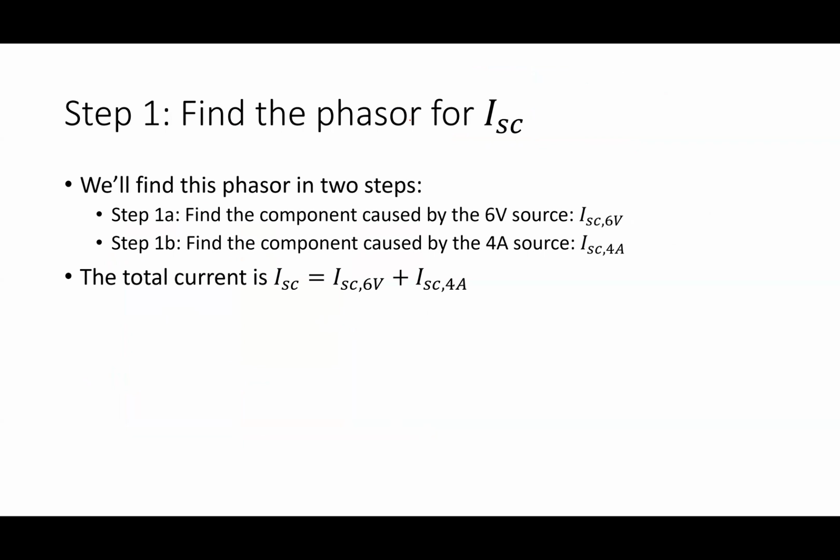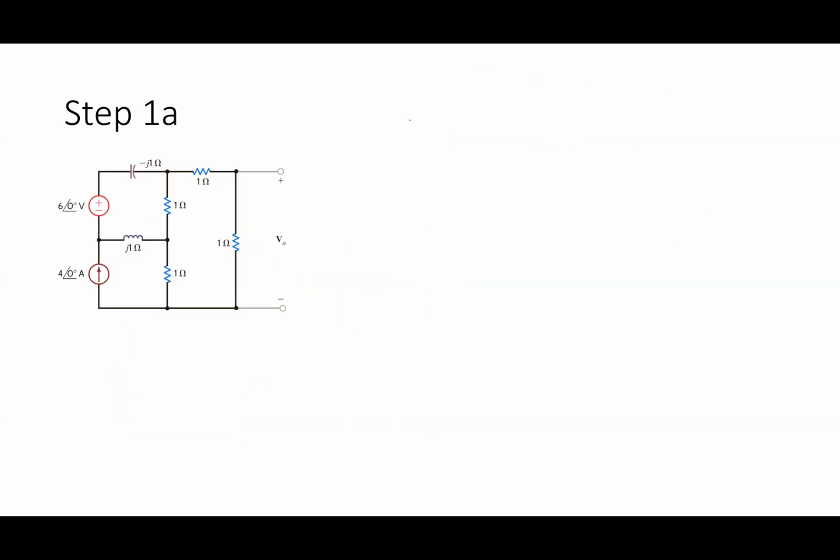Basically what I do is I find the component that's caused by the 6-volt source. I find the component that's caused by the 4-amp source, and then I add them together. All right. So when I do this, then if I'm looking specifically for the short circuit current, that means that I gotta put a short across there.